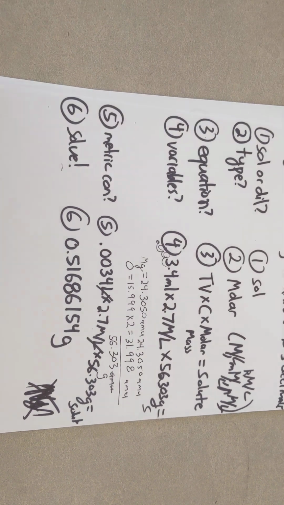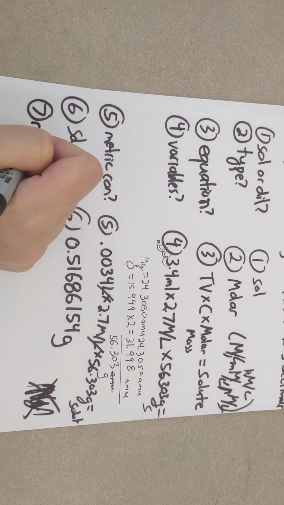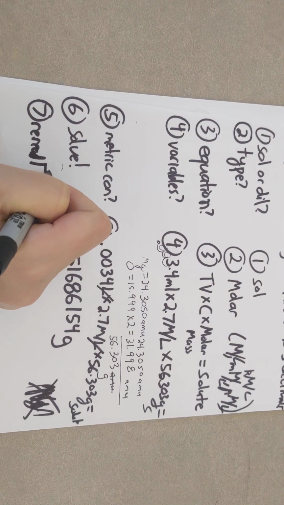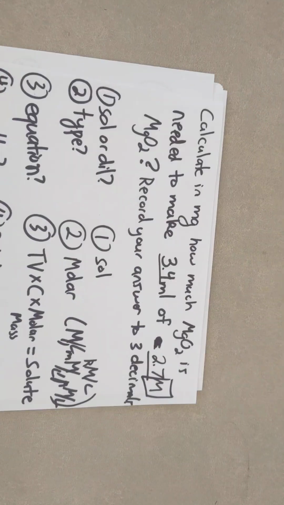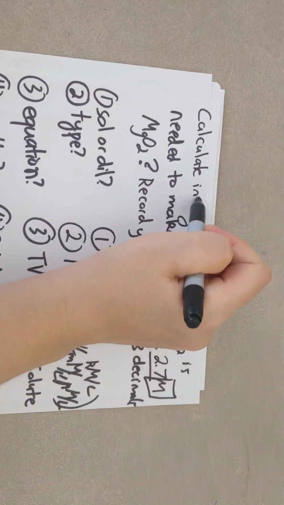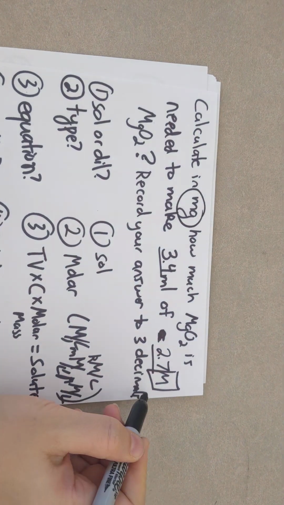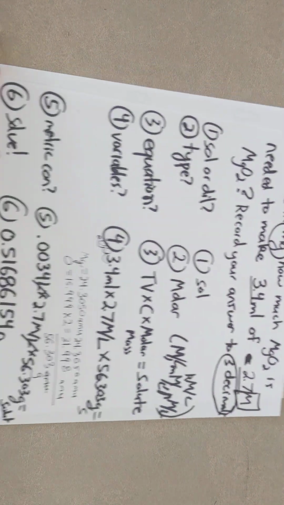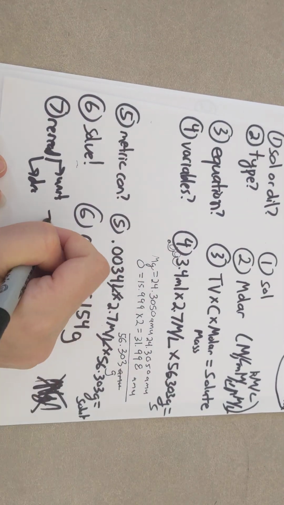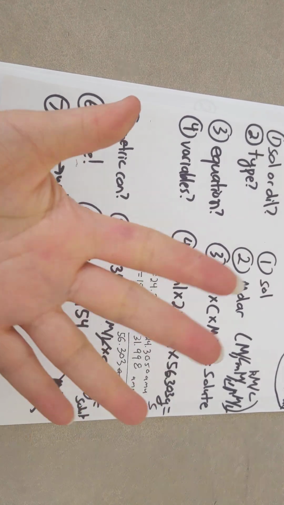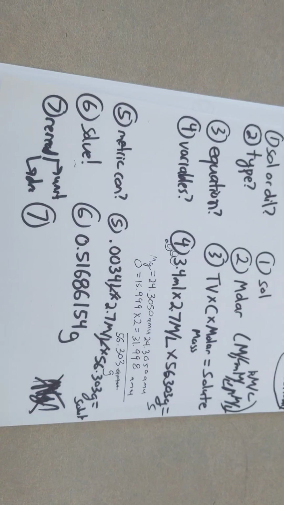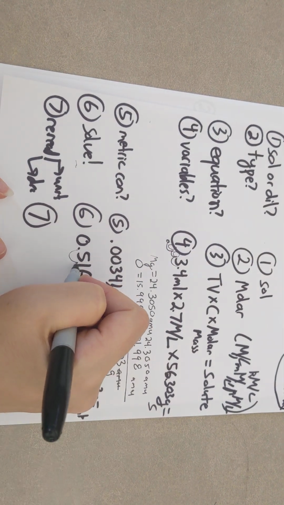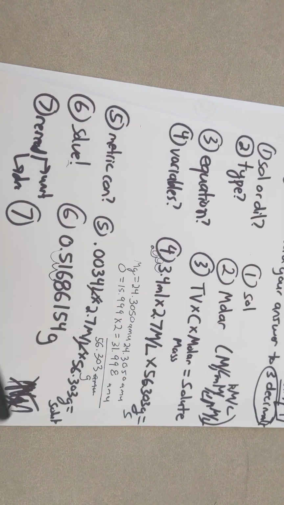Now, the final step. I'm now going to reread the problem, looking for the unit and the decimal. They want the answer in milligrams, and they want it to 3 decimals. This is currently in grams, so I will convert it, grams to milligrams, so I will move my decimal 3 places to the right. 1, 2, 3.